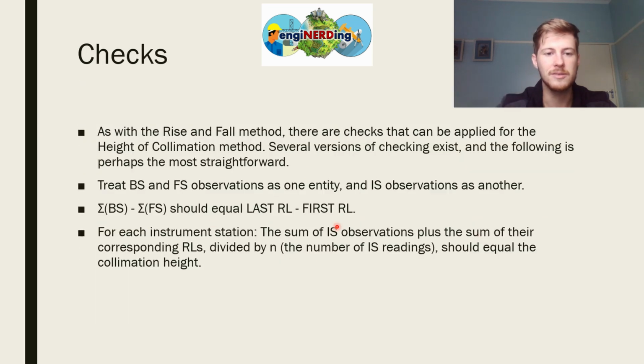Alright, so this is a rough summary. The rise and fall method's objects can be applied to the height of collimation method, as we showed you. You treat the BS and FS observations as one entity and IS observations as another. Then we have the checks that we did, where we say our total backsides minus our total foresights equals our last reduced level minus the first one.